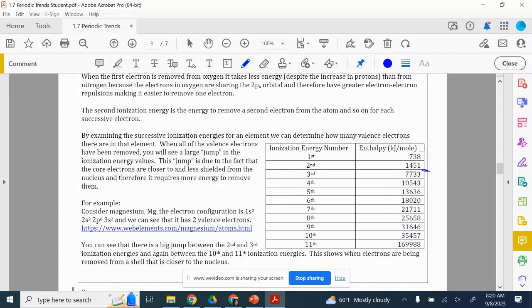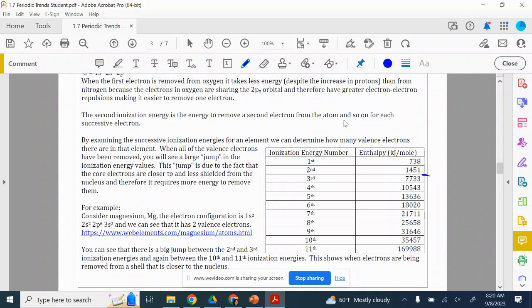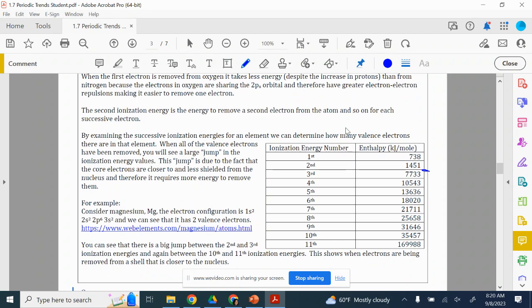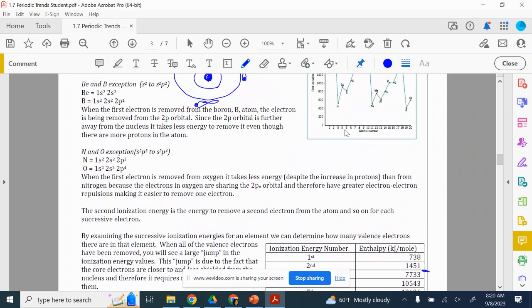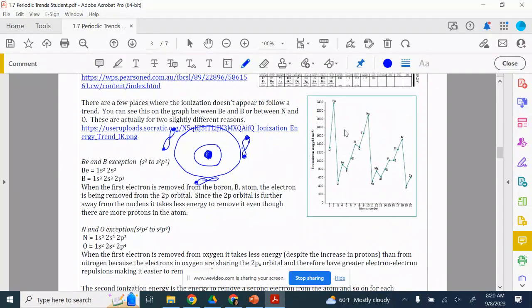And what that means is that you have gone back up a level. So if, let's see, this is what element here? This is magnesium. So we're looking at magnesium, which is this one right here. This is the 700 energy that we saw on that chart. This is the 1400.